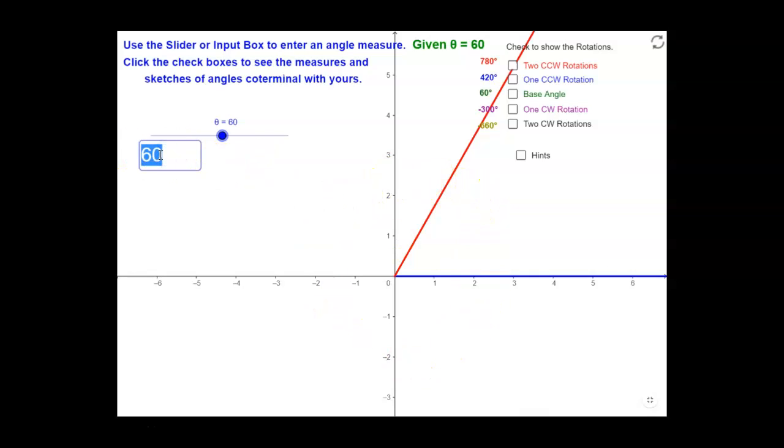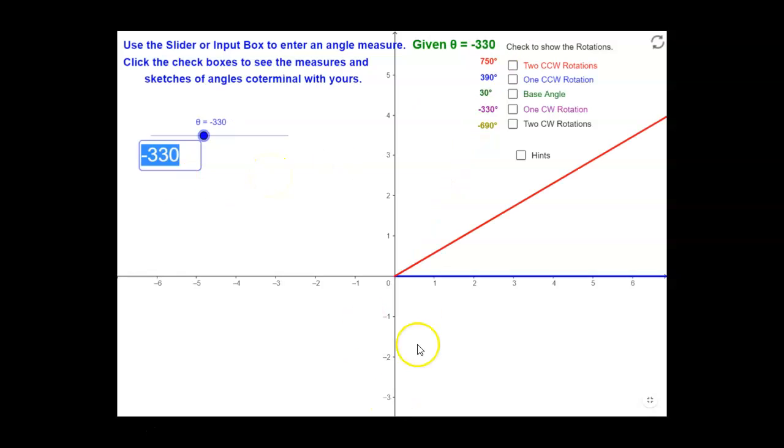When you put a negative angle in, it just rotates the other direction. So if I put in negative 330, that's what negative 330 looks like. The blue line rotates down.